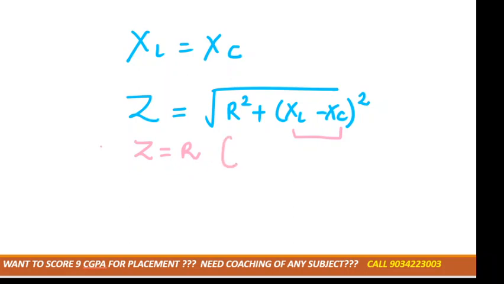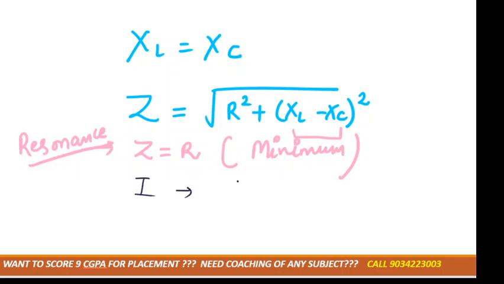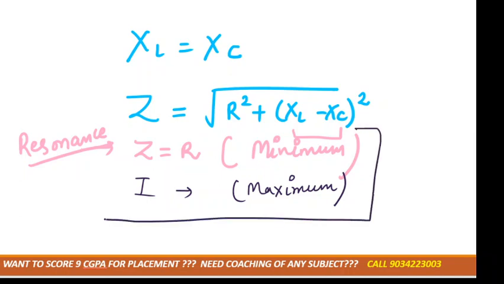So in the case of resonance, is Z minimum or maximum? Minimum, right? Because the value is less. If impedance is minimum, then is current minimum or maximum? Maximum, right? So we got another condition for resonance: impedance should be minimum and current should be maximum.